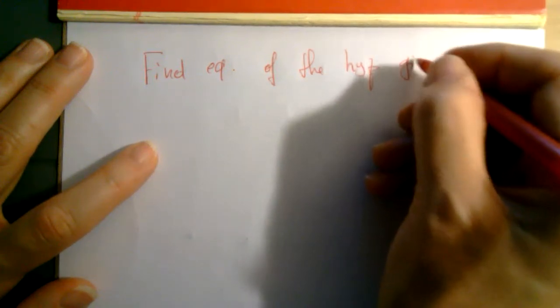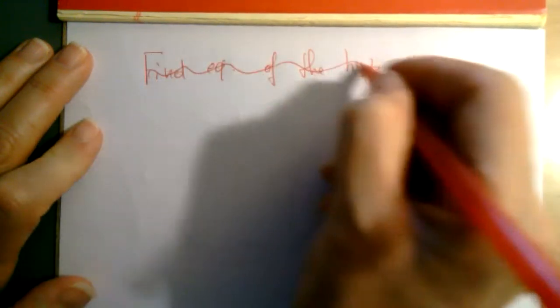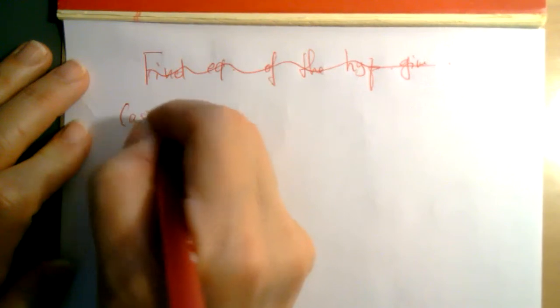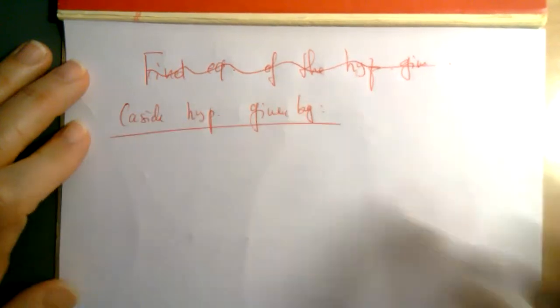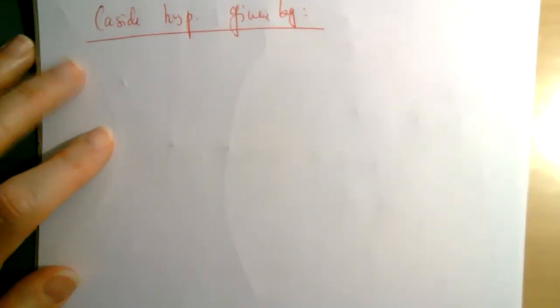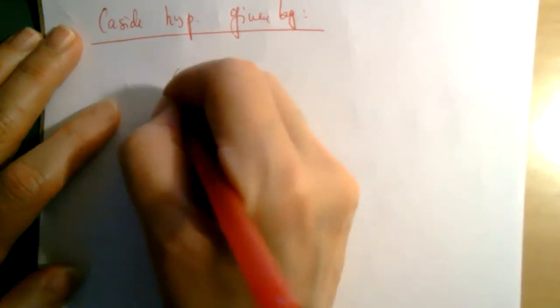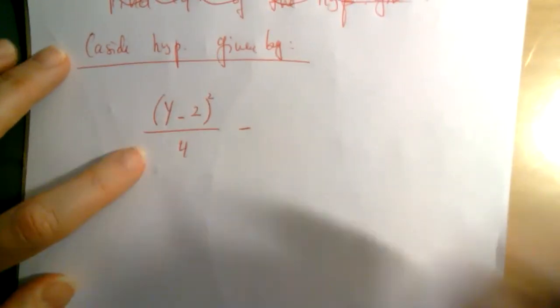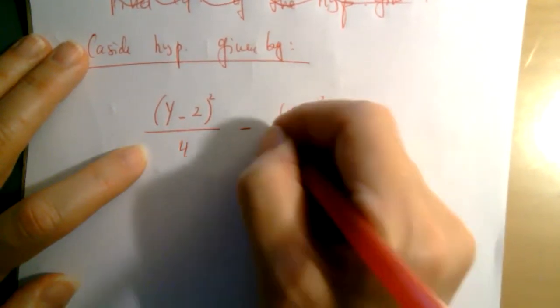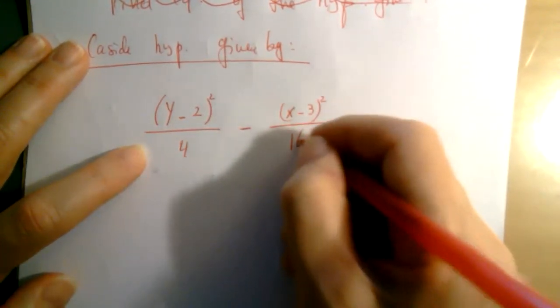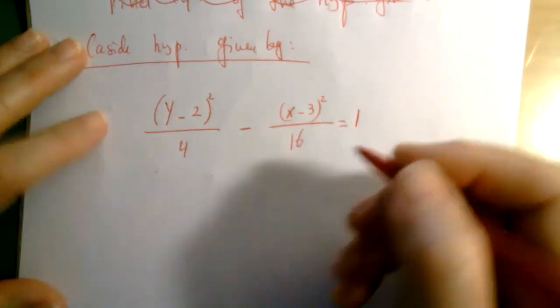Let's consider the hyperbola given by y minus 2 squared over 4 minus x minus 3 squared over 16 equal to 1.